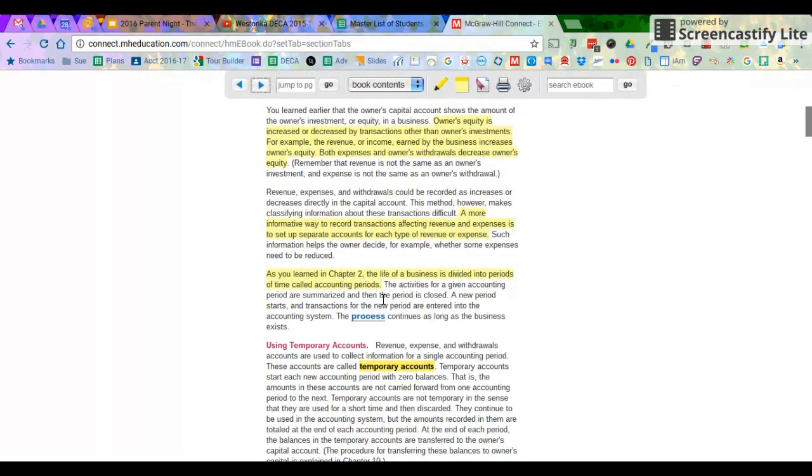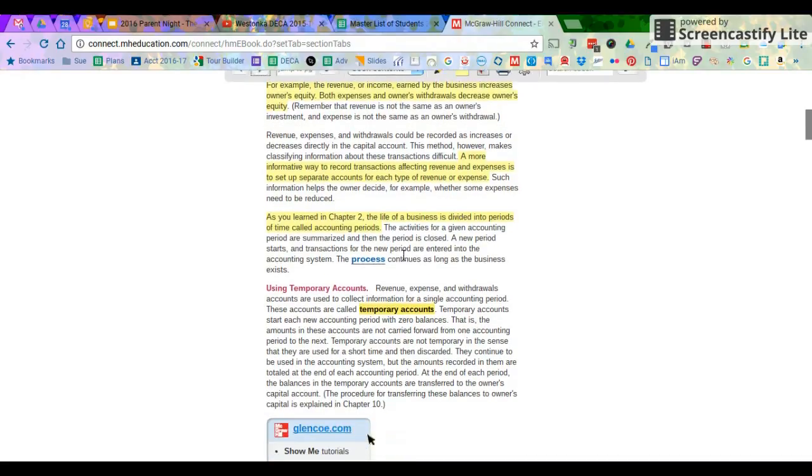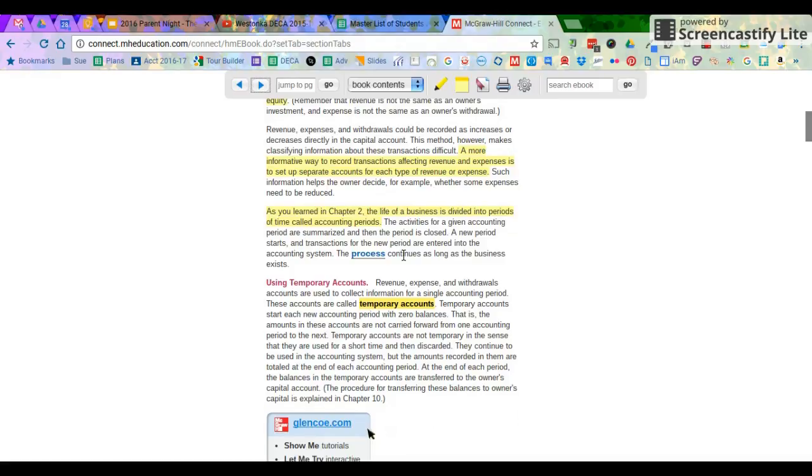And so we're going to look at these accounts and divide them up into an accounting period. Most of the time they're going to use a month for that. So what is a temporary account? If we look at the definition, it's just an account like the others, but we're going to capture the information in there. At the end of the month, and it's about Chapter 10, we're going to transfer those temporary accounts into capital.